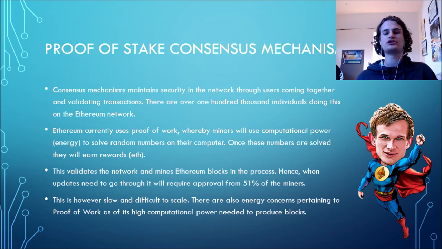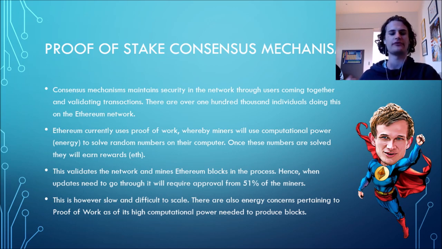Ethereum currently uses proof of work, whereby there'll be a whole bunch of miners with big computers which will solve random numbers, and when they solve these numbers they will earn blocks, and when they earn blocks they will earn the Ether token. Furthermore, right now it requires approval of 51% of the miners to update the Ethereum network, and this is how proof of stake will also work. However, there won't be any miners in proof of stake.